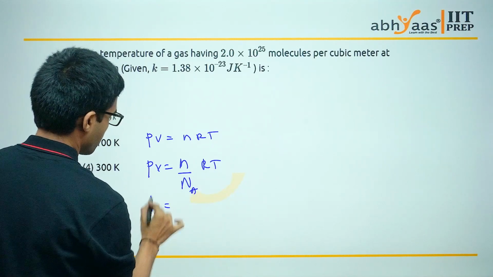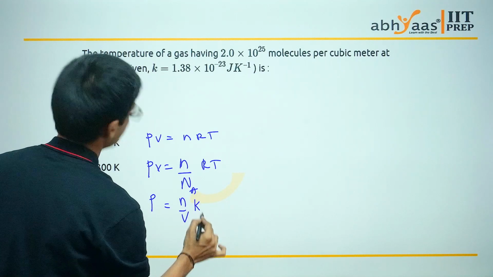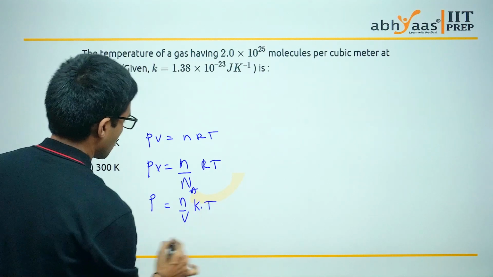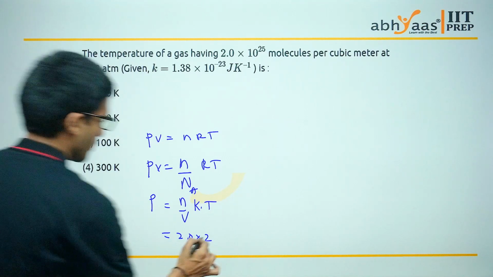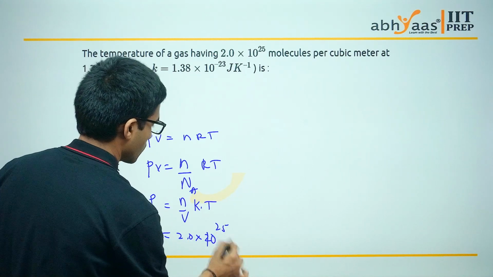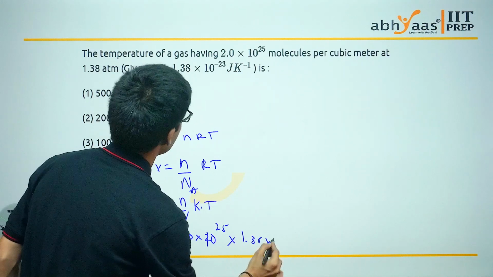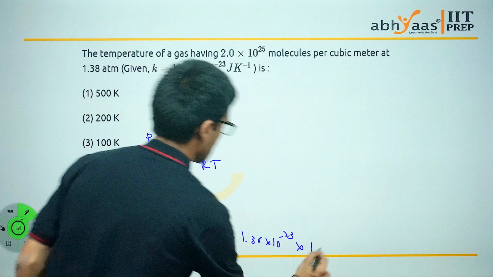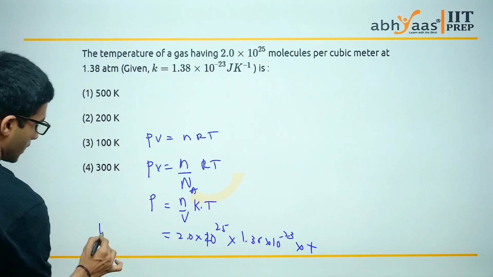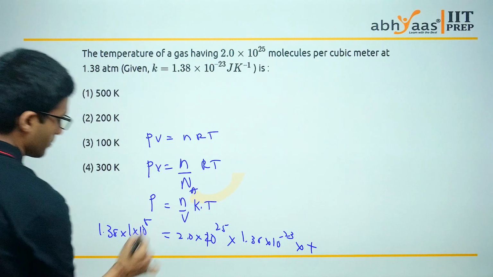So P equals N by V times R by N_A, which is k, times T. This is 2.0 into 10 power 25 into k, which is 1.38 into 10 power minus 23, into temperature. This is atmospheric pressure, 1 into 10 power 5 pascals.